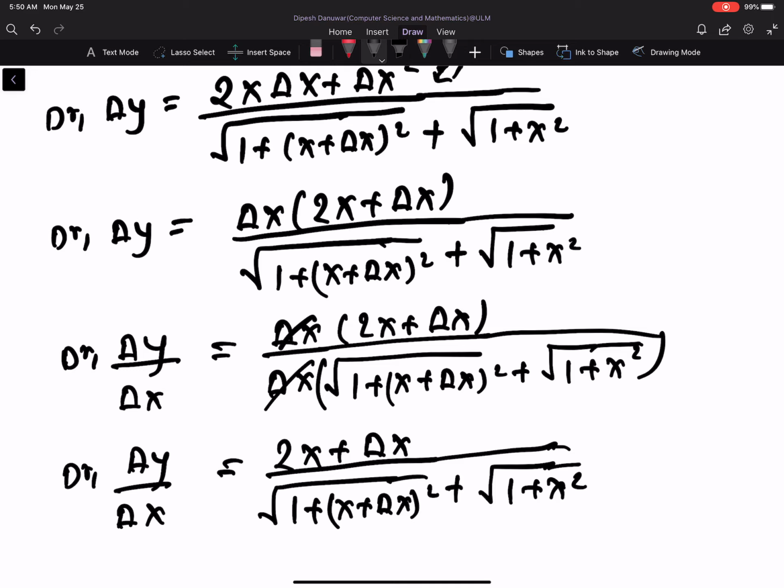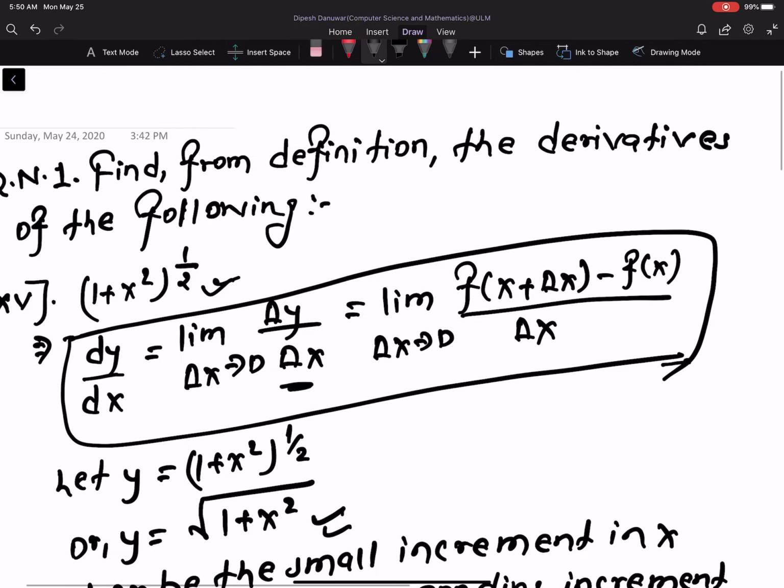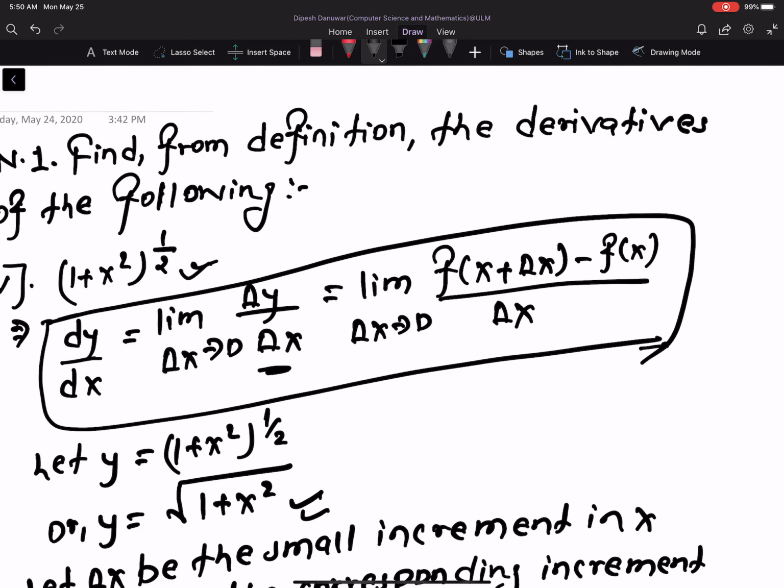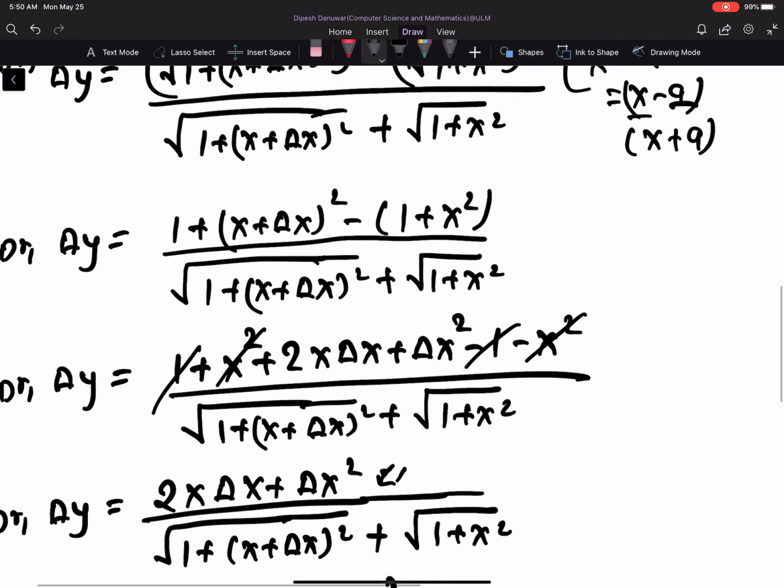So now what do you have to do? Since you already got that part, now you have to put the limit delta x tends to 0 on both sides.